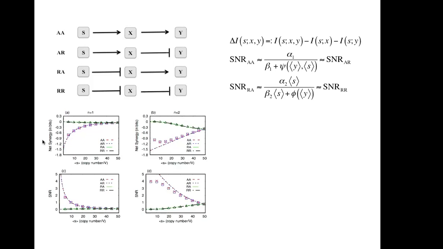And these symbols are the simulation results we performed using the stochastic simulation algorithm. And then we see that for the n equals 1 case, that means one molecule of S is activating X, one molecule of X is activating Y, and so it is for the other cases, where one molecule of the variable is necessary.